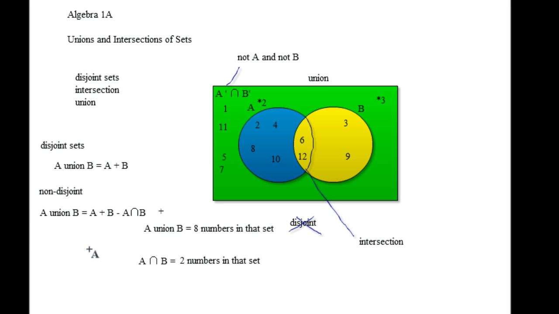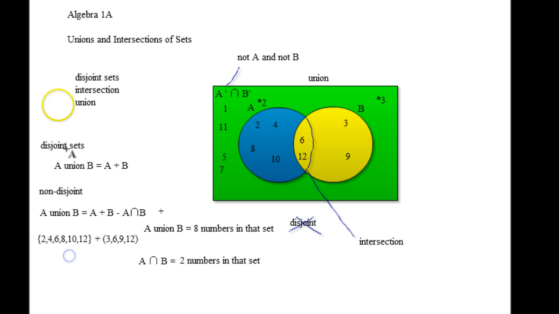That's important. Why do I do it that way? I'll show you. All of the items in set A, let's just say it's 2, 4, 6, 8, 10, and 12. Now if I add that with the elements in set B, B is going to be 3, 6, 9, 12.